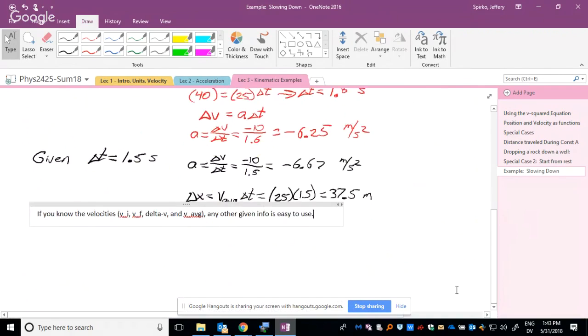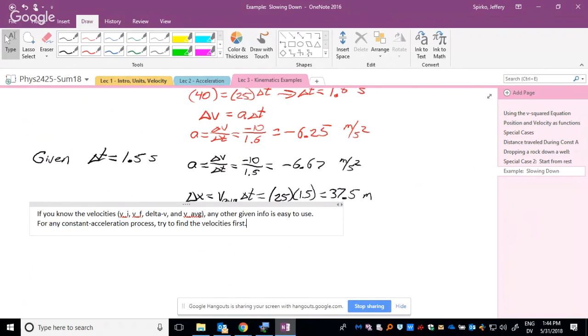So that's why, if you're solving a constant acceleration process, try to find the velocities first. That's my strategy. Find all the velocity information first, and that opens things up to be able to find all the other stuff.